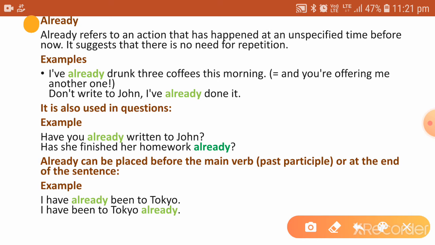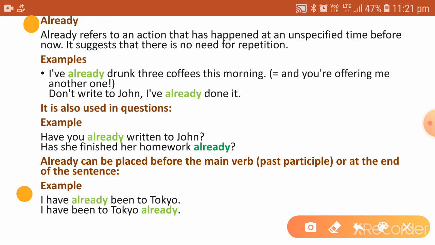Next, already can be placed before the main verb, past participle, or at the end of the sentence. Yes, students, we can use already after the helping verb and at the end of the sentence. Here are two examples. I have already been to Tokyo. I have been to Tokyo already. But students, I want to tell you about the use of already.